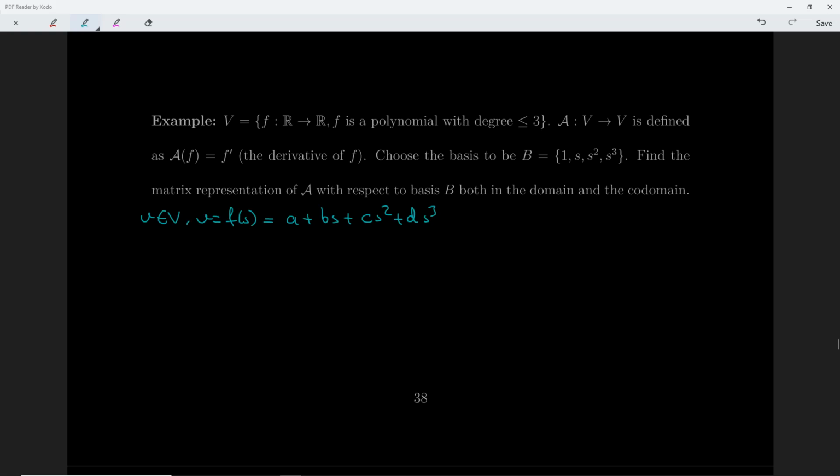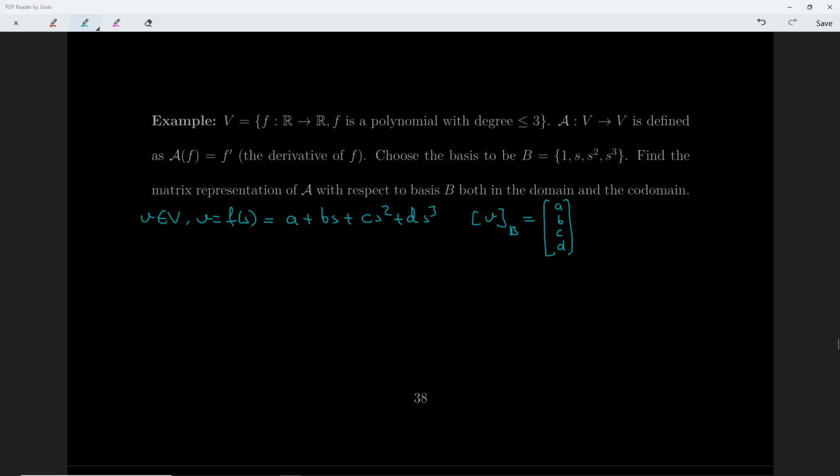And if that polynomial can be expressed as a linear combination of these vectors as follows, what is the representation of this polynomial with respect to basis B? What is the representation of the vector v with respect to basis B? It's those coefficients, right? A, B, C, and D. So it's going to be a 4x1 matrix.